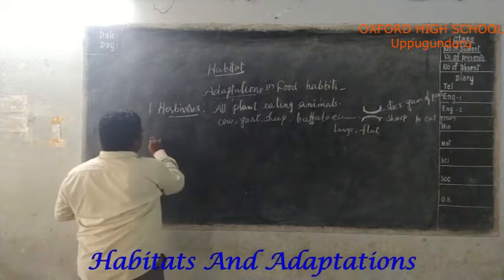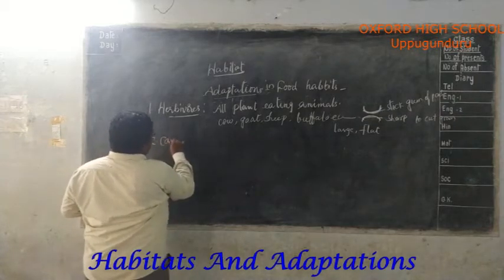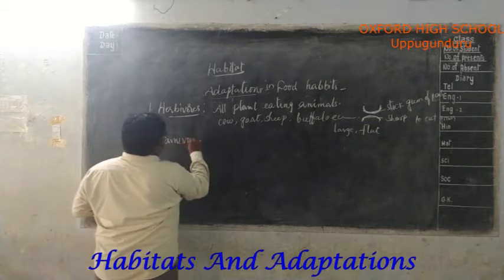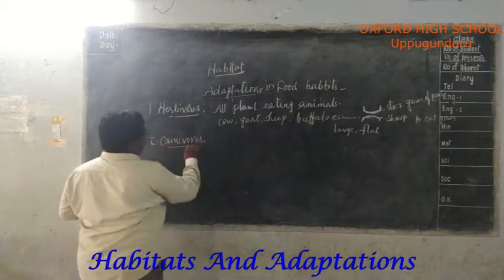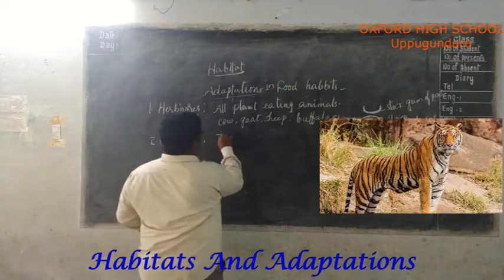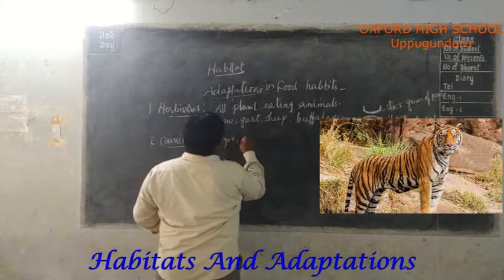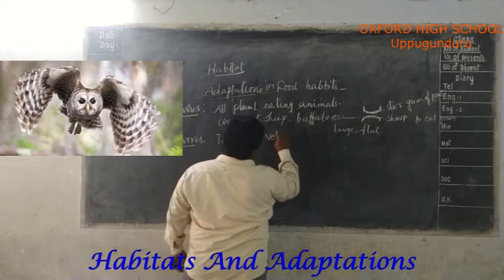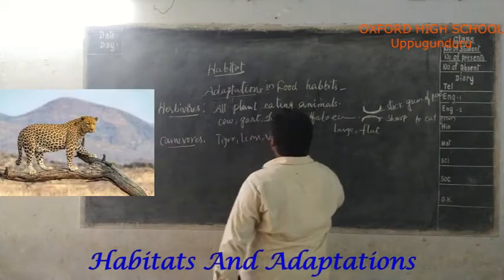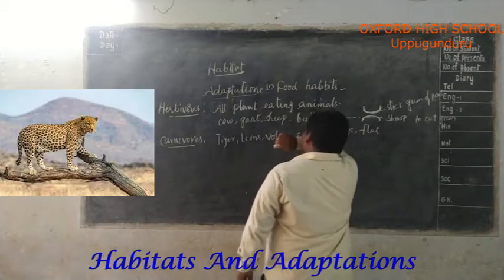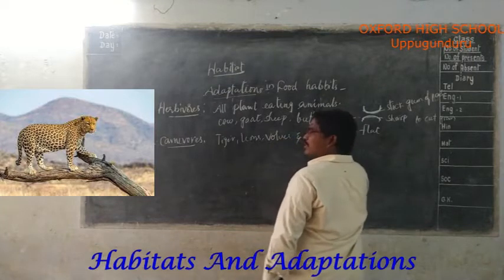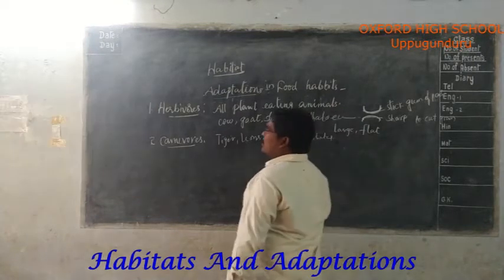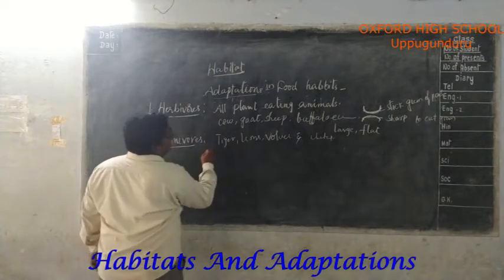The second one is carnivorous animals, carnivores. Animals like tigers, lions, wolves, and cheetahs. So, what are carnivores?